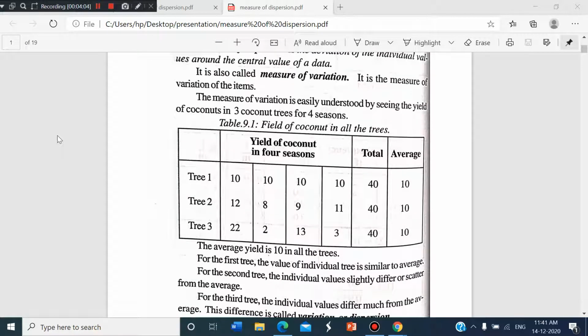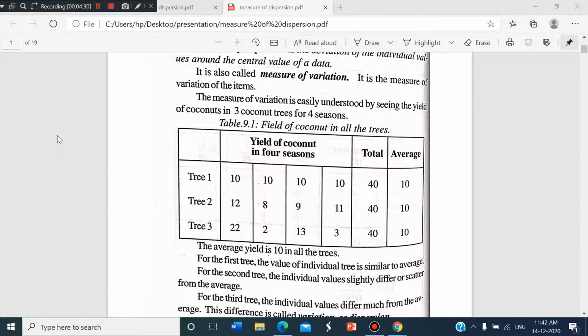See, here there are three coconut trees. You have harvested the coconut trees 4 times in a year. First tree: in the first harvest it gave 10, second harvest also 10, third harvest also 10, and in the fourth harvest also 10 coconuts. Total is 40.